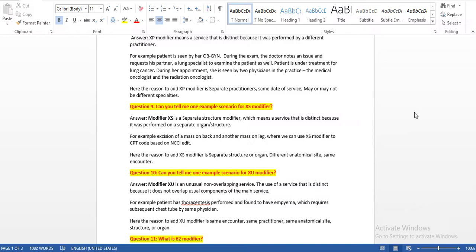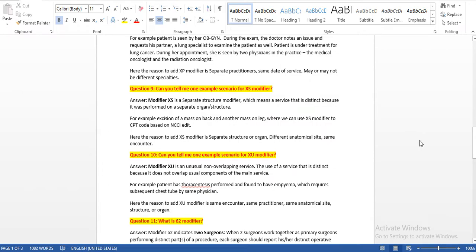During her appointment, she is seen by two physicians in the practice, the medical oncologist and the radiation oncologist. Here the reason to add XP modifier is separate practitioner, same date of service. May or may not be different specialties. So they can be different specialties or the same specialty in a particular encounter day or appointment day.